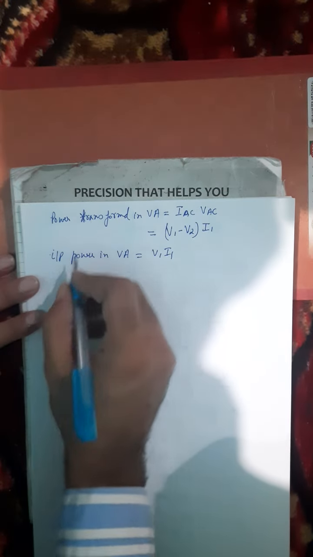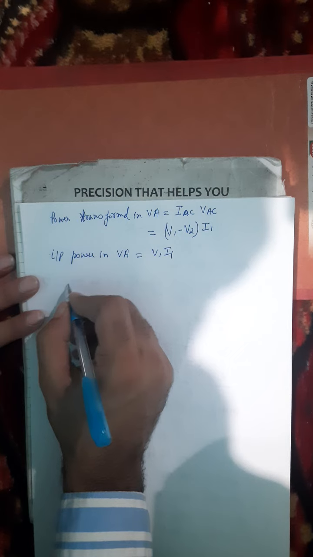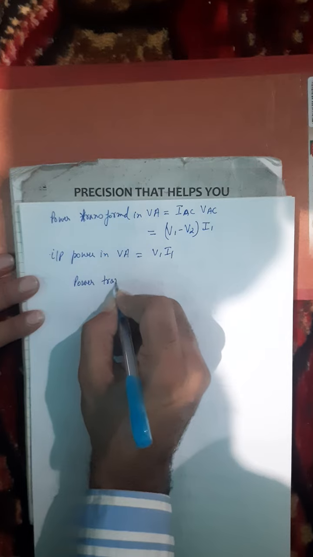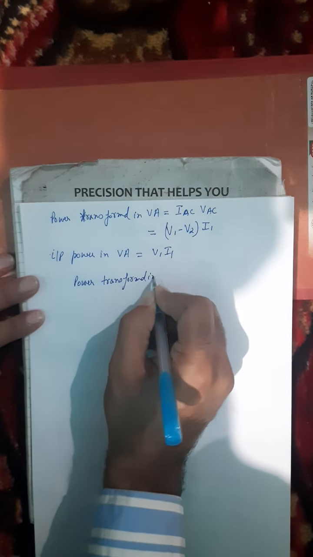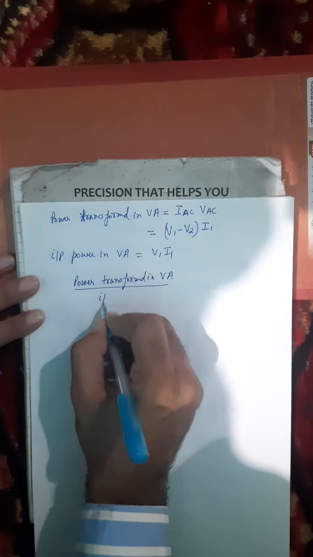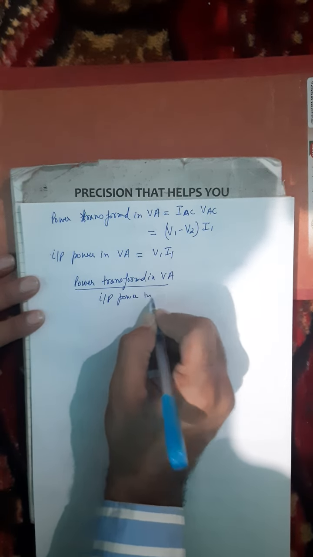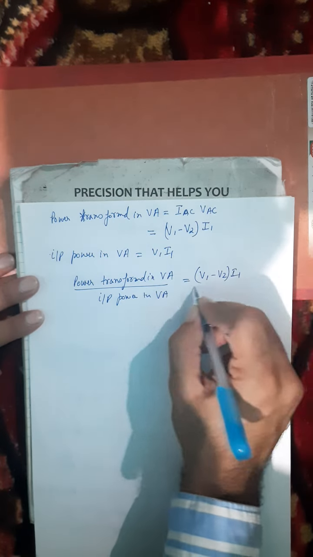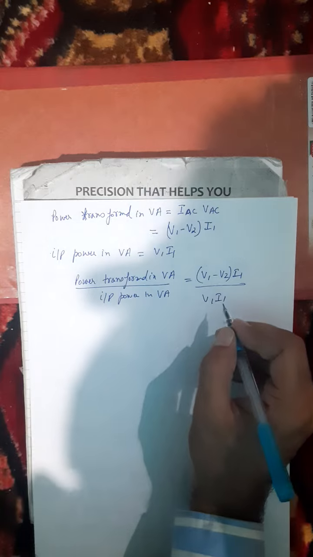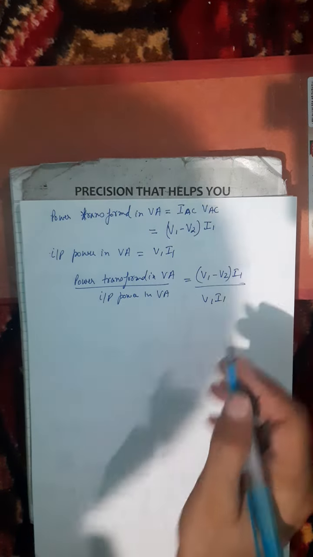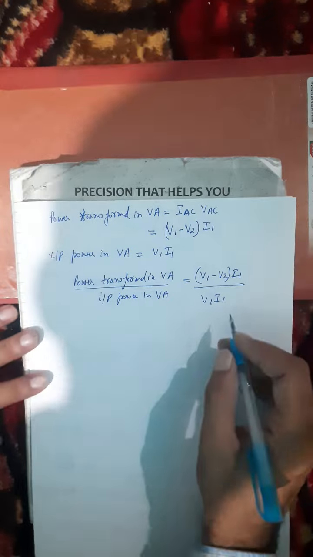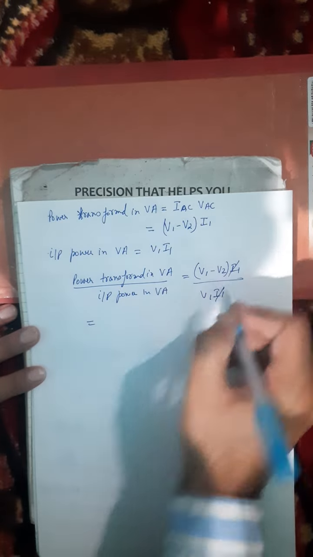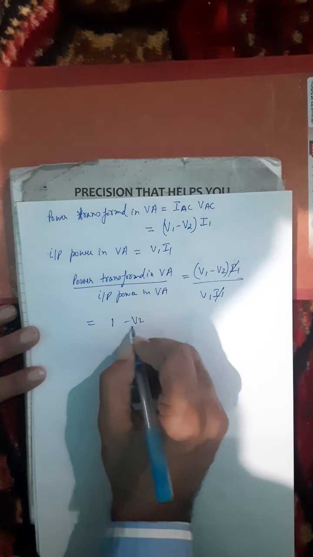Next I will take the ratio of the power transformed in volt amperes divided by the input power in volt amperes. It will be given by V1 minus V2 into I1 divided by V1 into I1. Solving further, I1 will cancel, giving 1 minus V2 by V1.